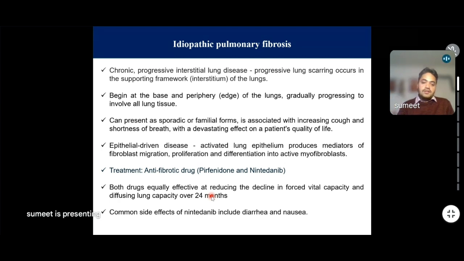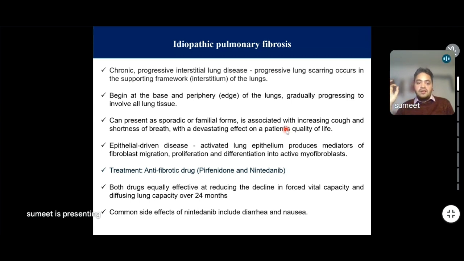It is usually associated with increased cough or shortness of breath, with a devastating effect on patients' quality of life. You can relate to this because patients who have IPF have difficulty in breathing, something similar to what we also observed in COVID infection.